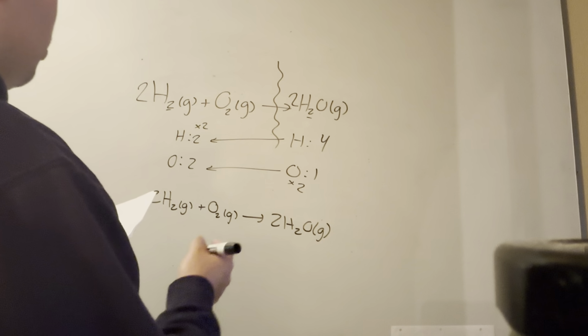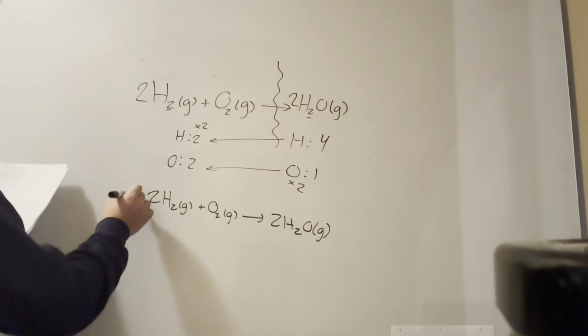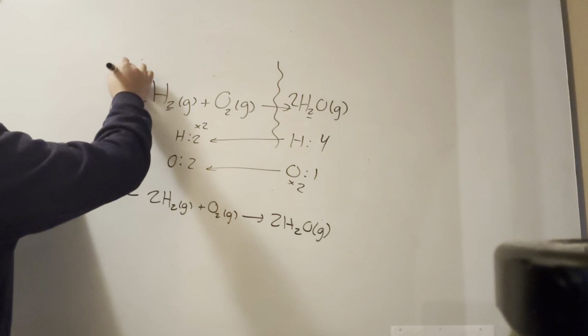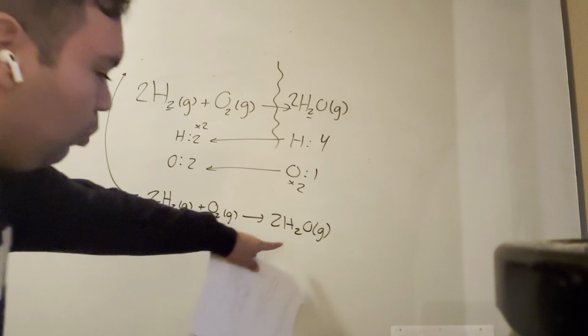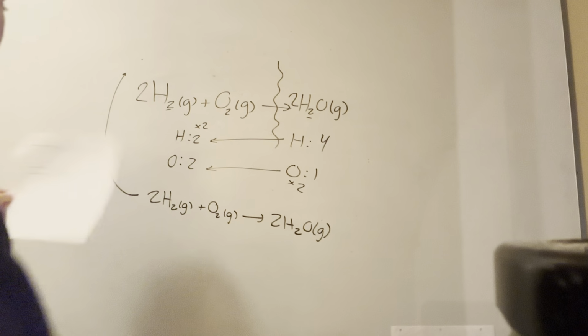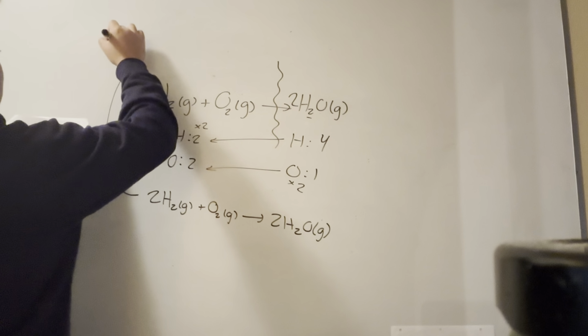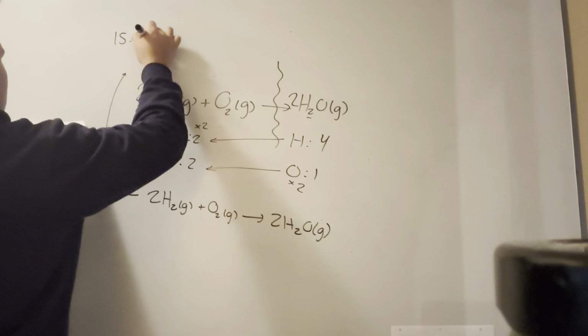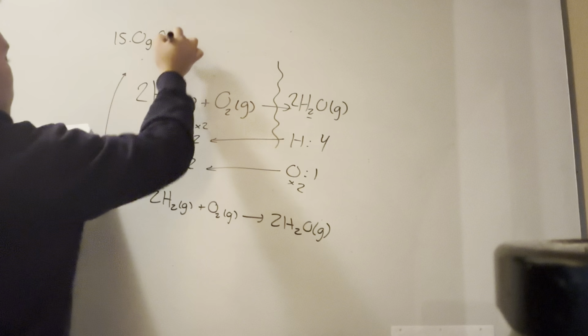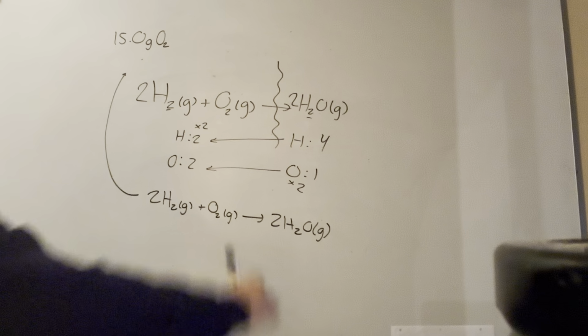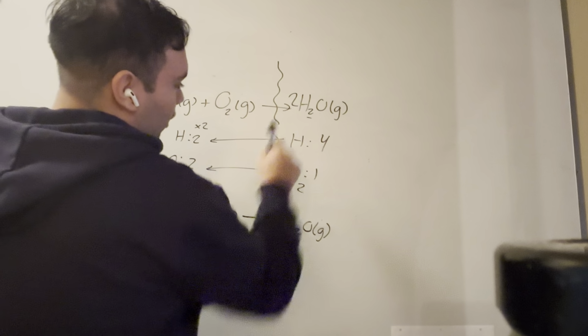Now from here, this has the proper moles for our mole ratio. So we're actually going to do stoichiometry. We have 15 grams of O2, how much water can we make?